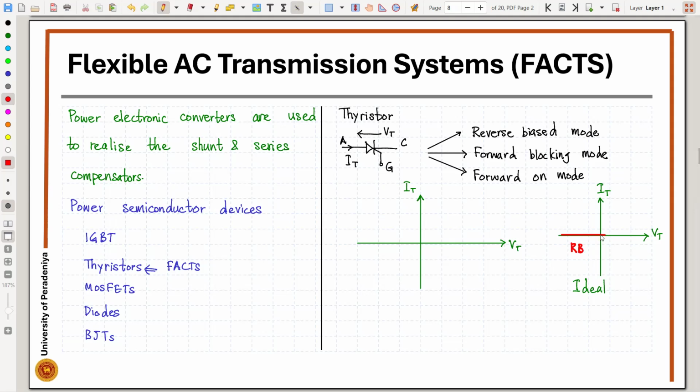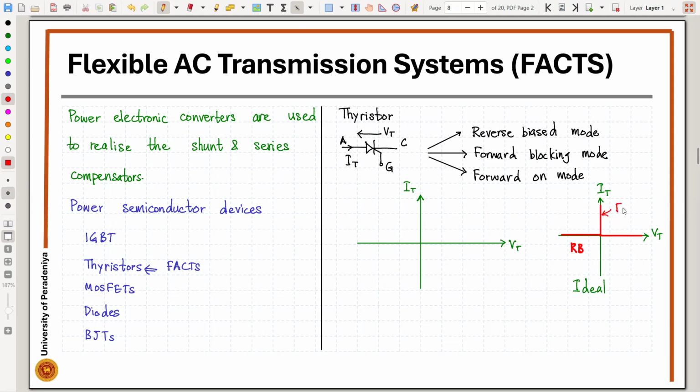Then you can apply any amount of positive voltage, but the current will be zero. So this would be the forward blocking mode. And also you can be in the on state where you can send any amount of current while the device is turned on.